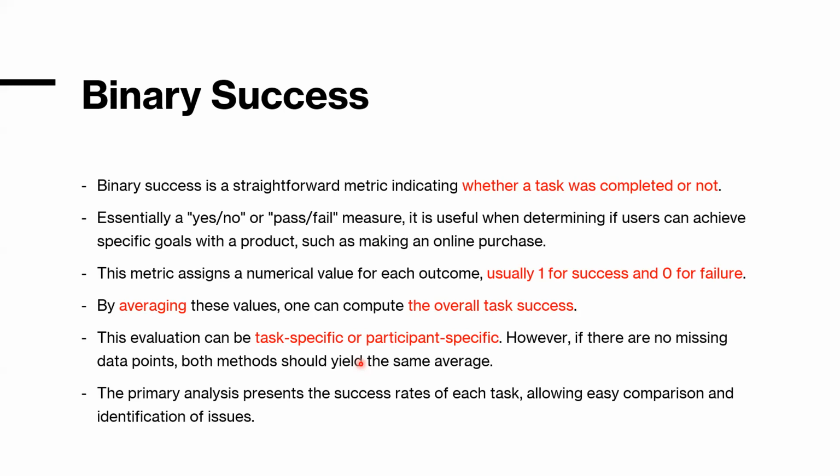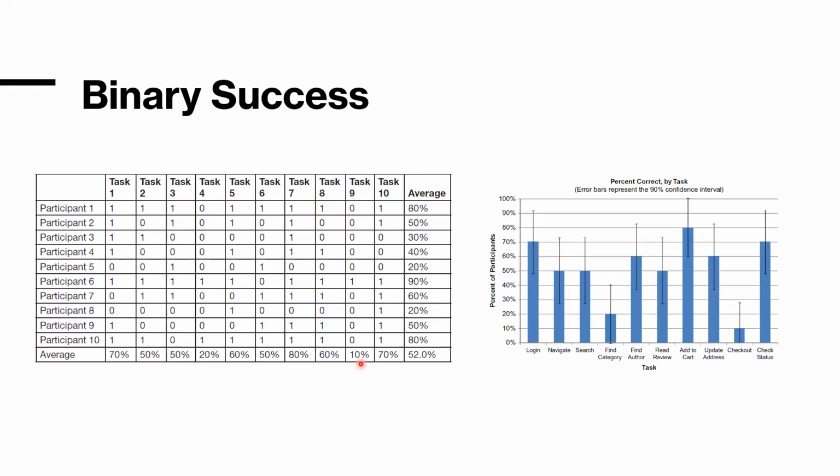When you're running the usability test in the lab, maybe you may have 20 participants. In that situation, you might want to know each and every participant's performance, so binary success is pretty important.